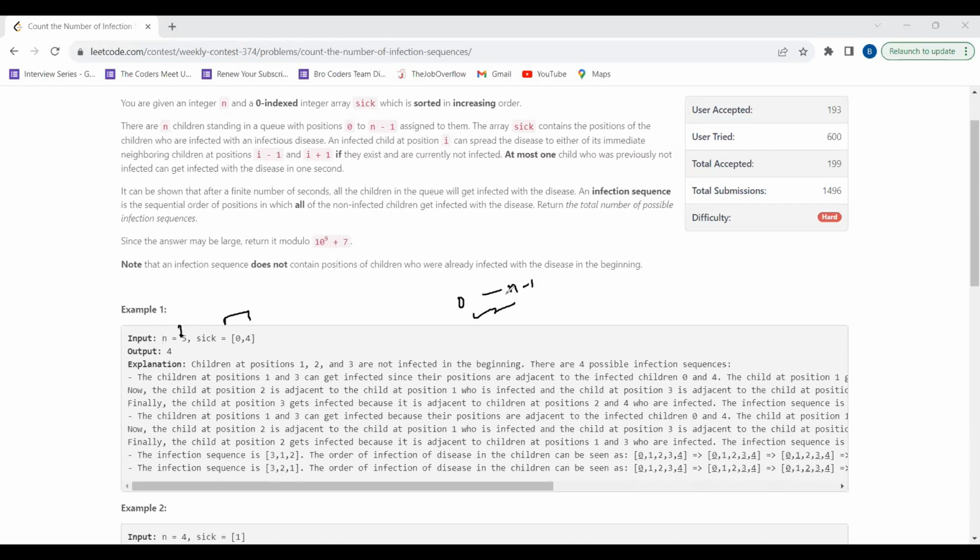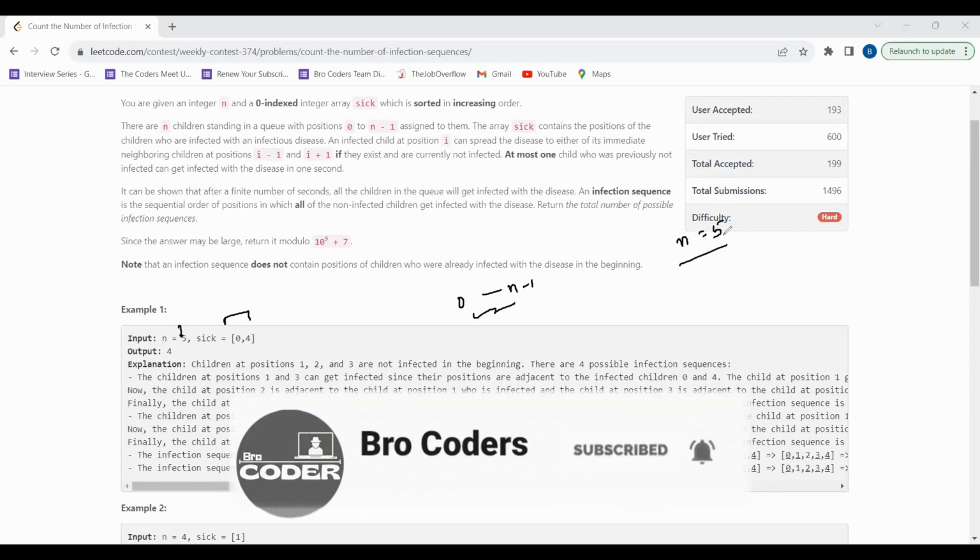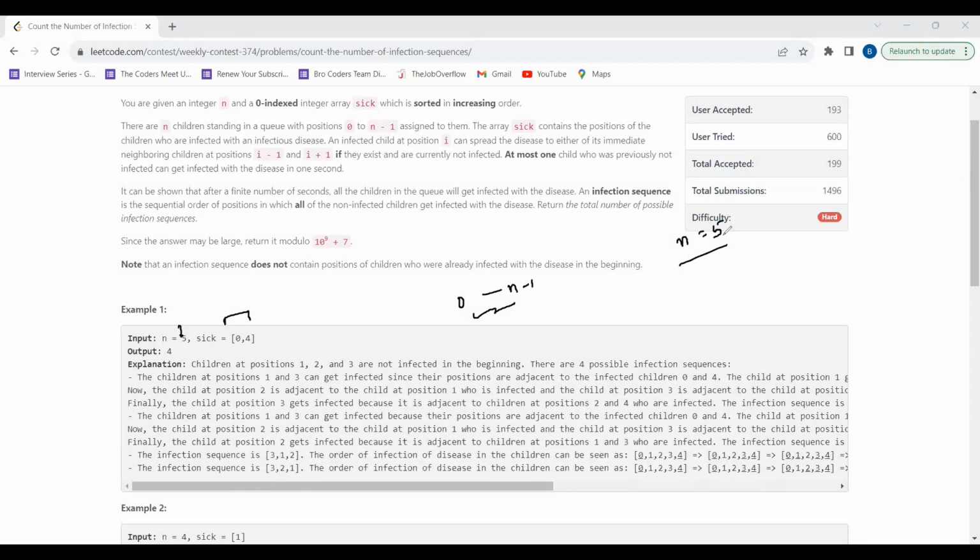Now you'll need to find the total number of unique infection sequences we can have. Like for this case, we have got n equal to 5 in the first example. Clear?